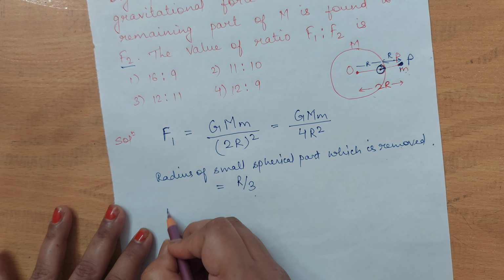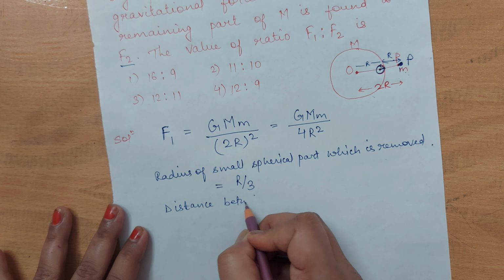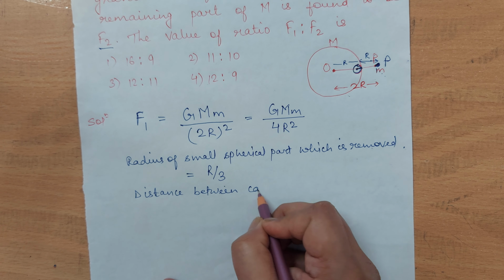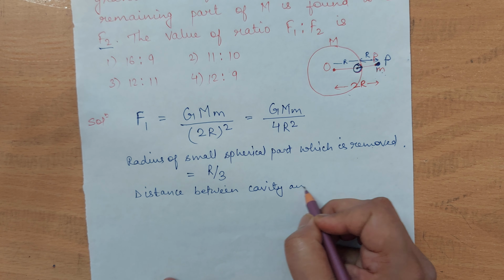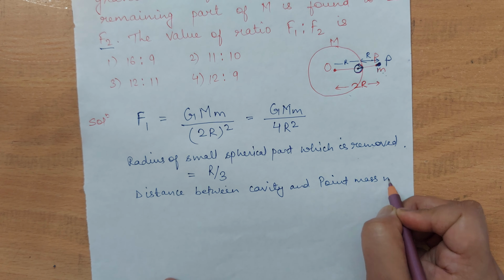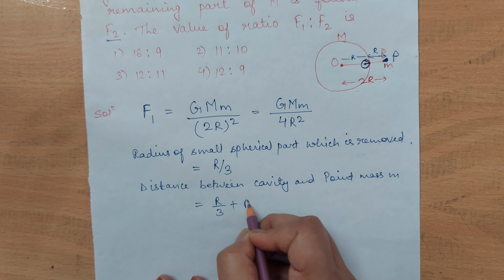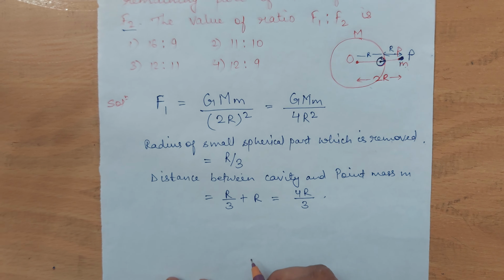So finally, the distance between the cavity, the spherical part which is removed, and the point mass m is equal to r by 3 plus r, which is equal to 4r by 3.